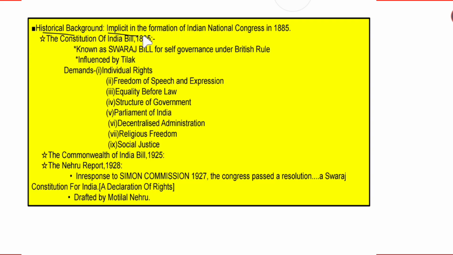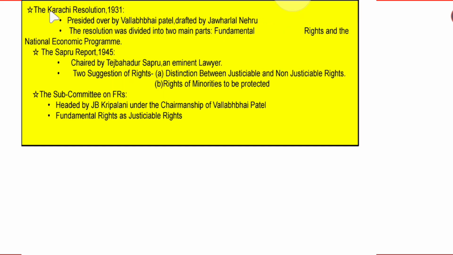Sources. The sources of fundamental rights are the Constitution of USA, and the concept is implicit in the formation of Indian National Congress in 1885. After the formation of Indian National Congress in 1885, the present-day fundamental rights were carried out through various bills and provisions. Number 1 is the Constitution of India Bill 1895.